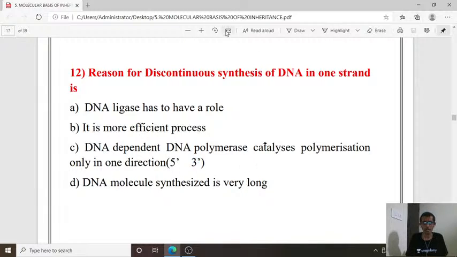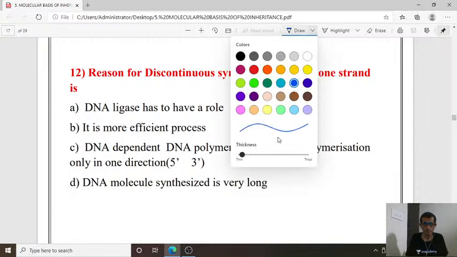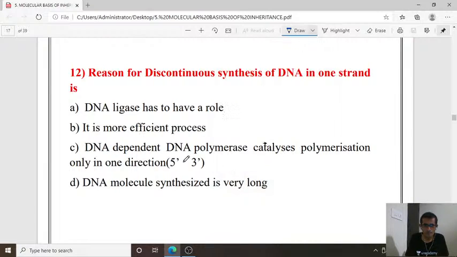Okay, 5' to 3' direction. Here, 5' to 3' direction. Okay, I made the correction here.